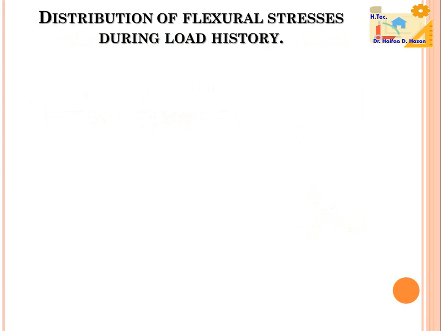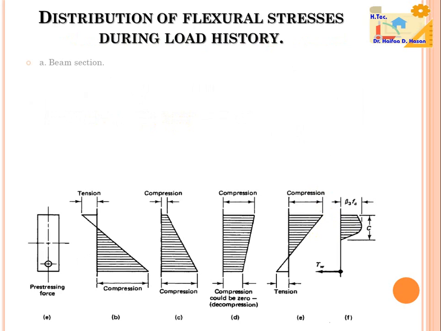Distribution of flexural stresses during load history. Here in A, we can see the beam section with prestressing force. In B, we can see the initial prestressing force: small tension in the top fiber and compression stresses in the bottom fiber.